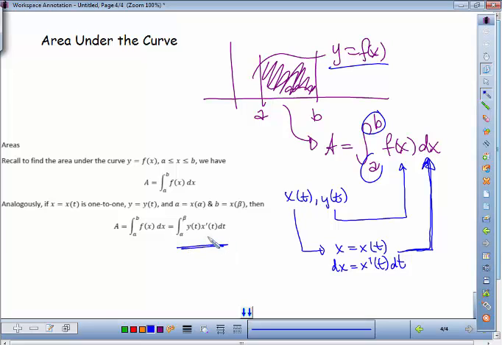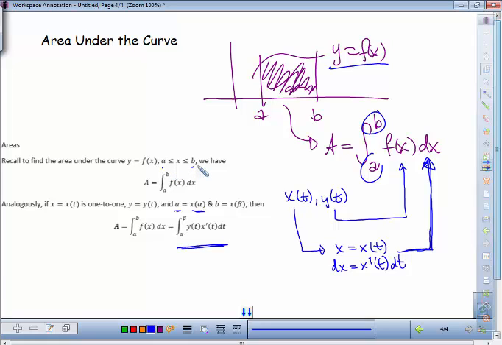The only tricky part is knowing how to deal with the limits here. Aside from just plugging in the formula, the limits, since these are x values, the limits change to x values when you put in the x and the y values of things.